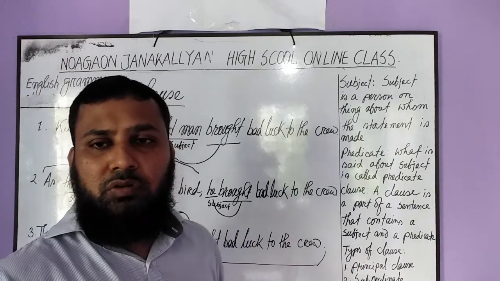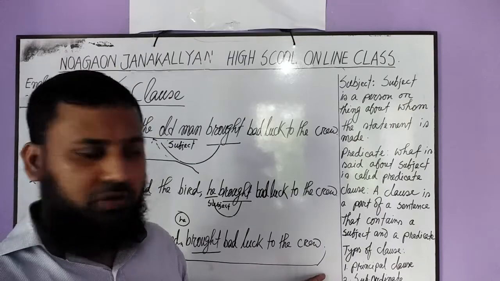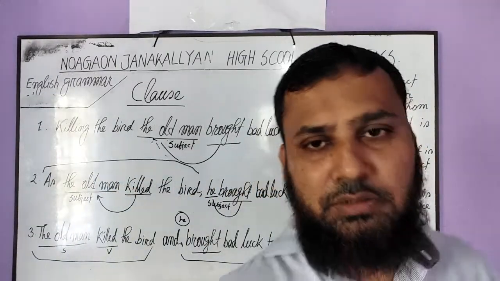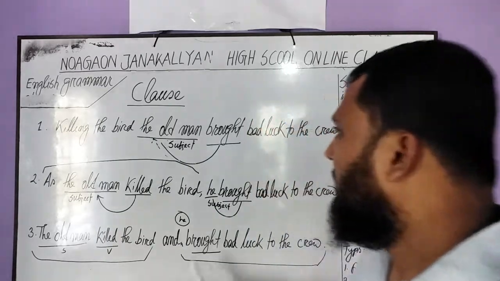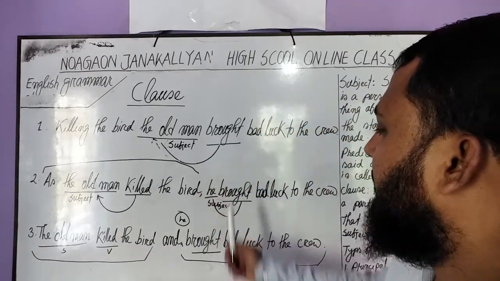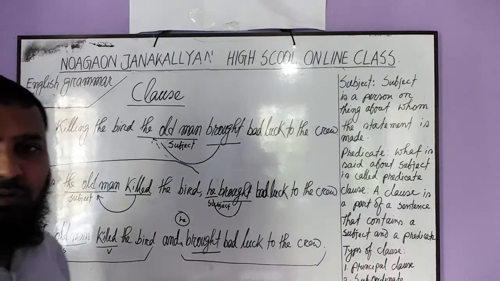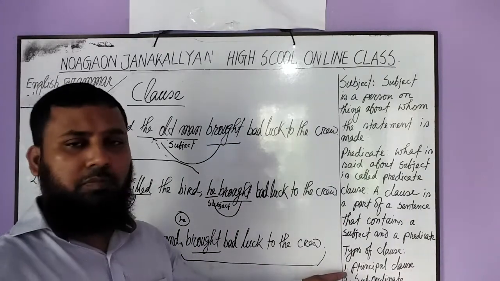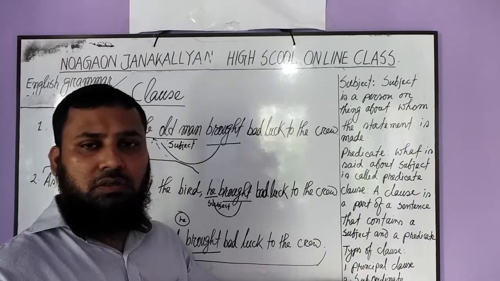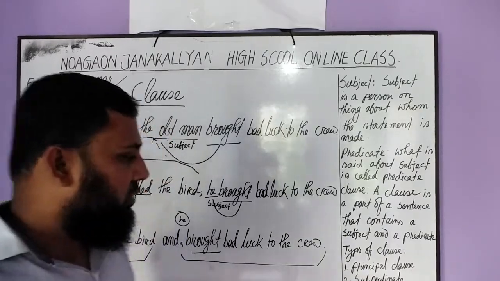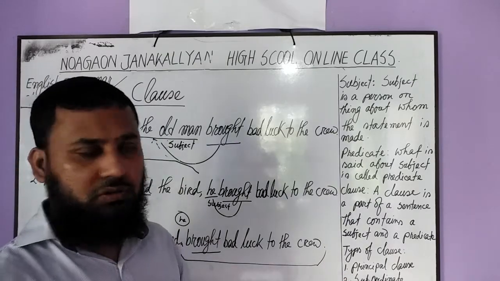Okay, now I am going to discuss with you the types of clause. Dear learners, there are three types of clause. Number one, principal clause. Number two, subordinate clause. Number three, coordinate clause. So what is a principal clause?